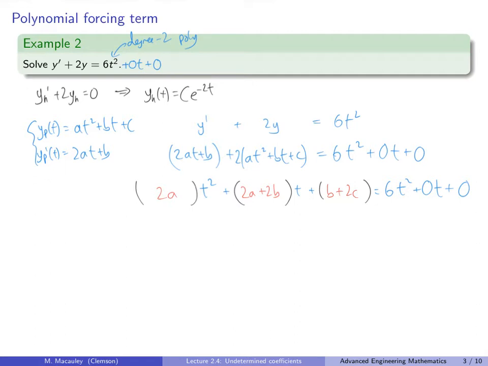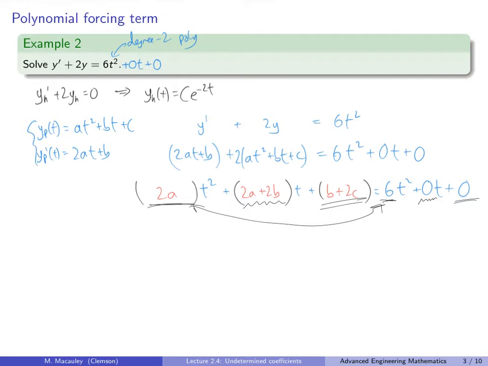So now to set these things equal, if these two degree 2 polynomials are equal, then 2a has to be equal to 6, because again, the t squared coefficients have to be equal. The t coefficients, this is 2a plus 2b, that has to be equal to 0. And the constant terms, b plus 2c, has to be equal to 0 on the right-hand side.